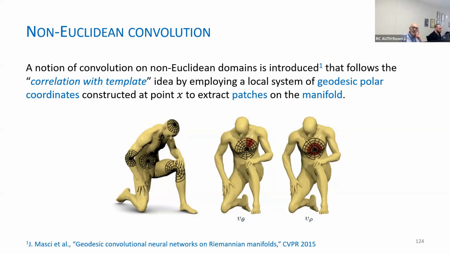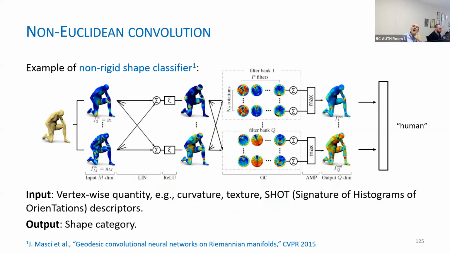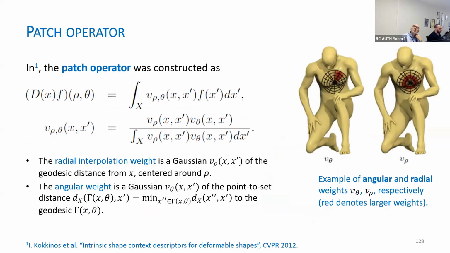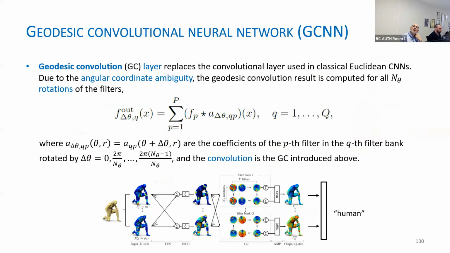So what the authors decided here, of course, we can do it in two different ways. One way would be to define the first direction based on some local characteristic of the surface. Actually, the authors here decide to solve this problem by repeating the convolution for a bank of filters that have different orientations.